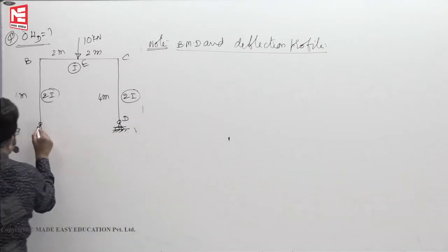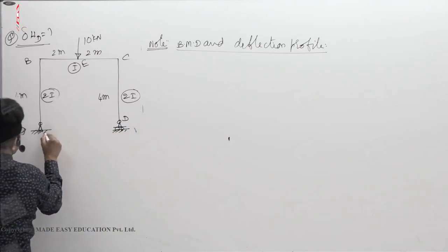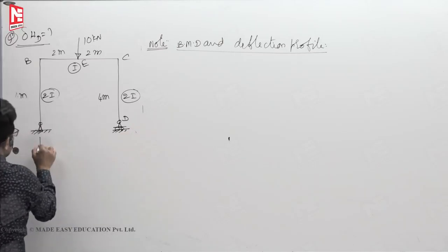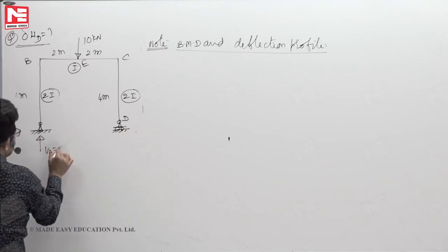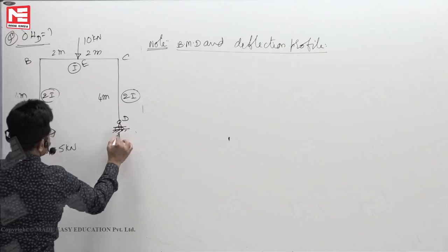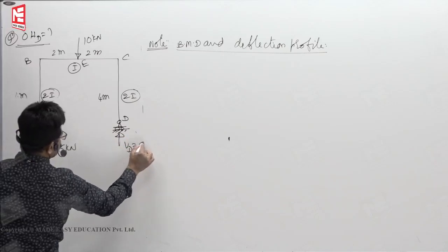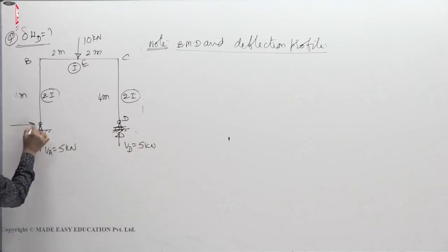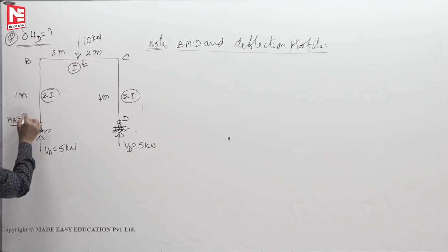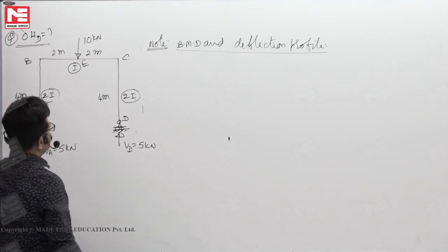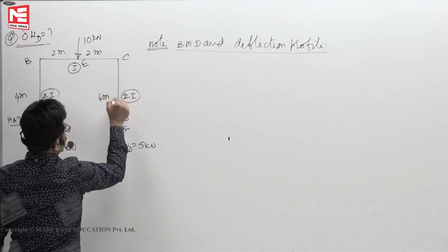Now you see, if you take this diagram, the reactions you found, VA is 5, VD is also 5, HA is 0. Okay. Now, you see the bending moment diagram in the column CD.